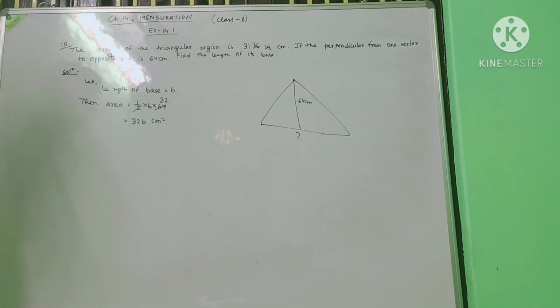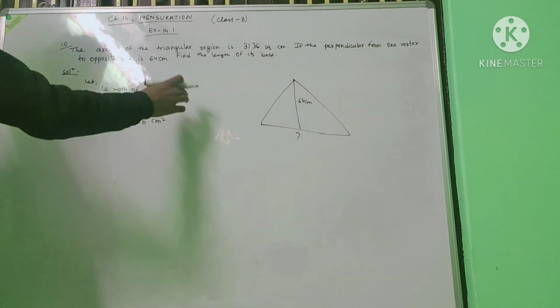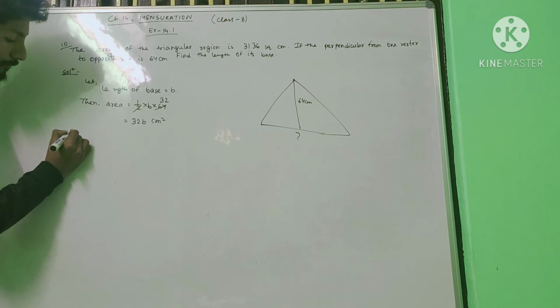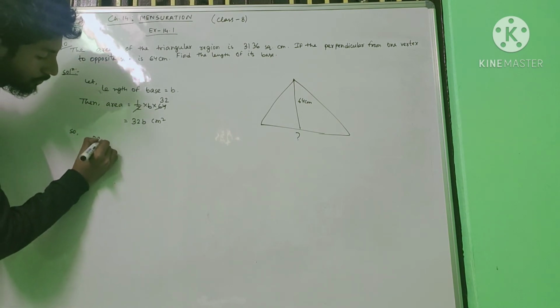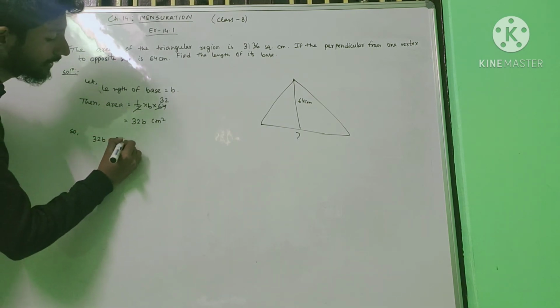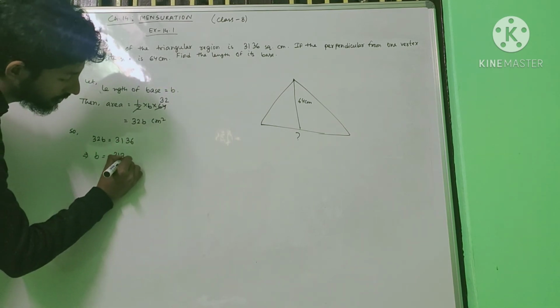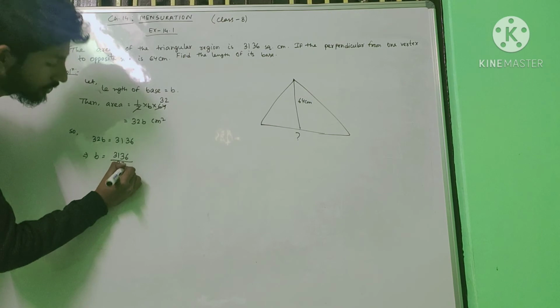Now, what is given here? The area is 3136. So 32b equals 3136, which means b equals 3136 divided by 32.